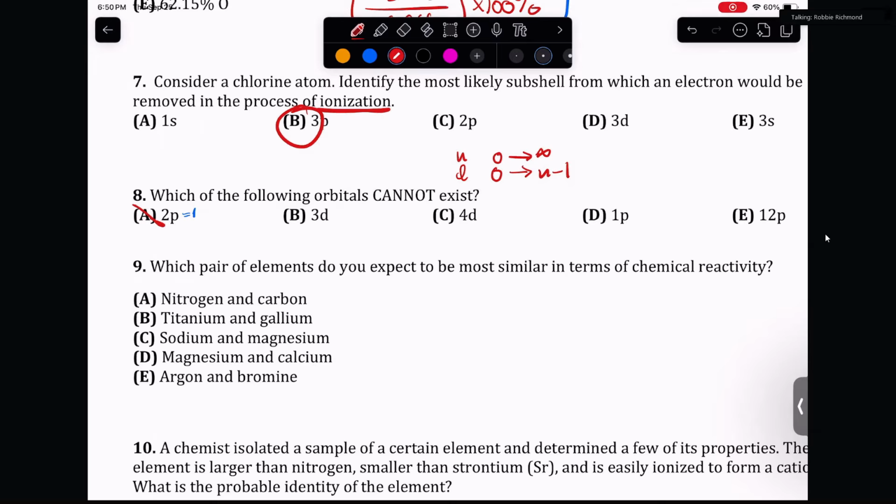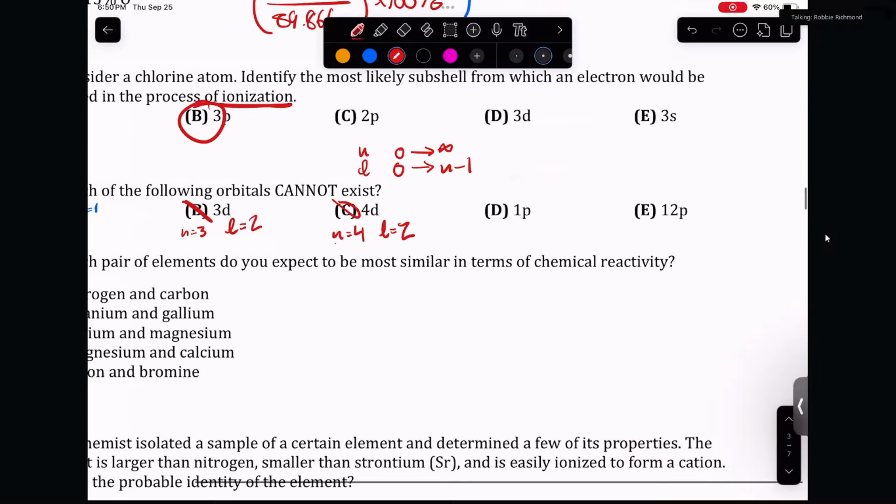Answer choice B, n equals 3, and for L, that equals 2. That's possible. That fits the n minus 1 rule. Cool. 4D, n equals 4. And L, that's a d orbital. That correlates to an L value of 2. Follows that n minus 1 rule. N equals 1.